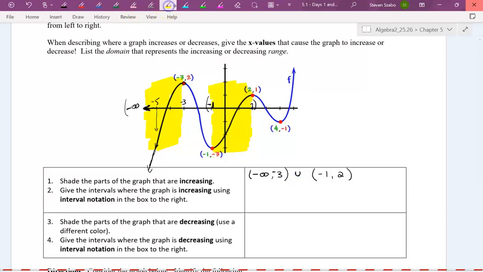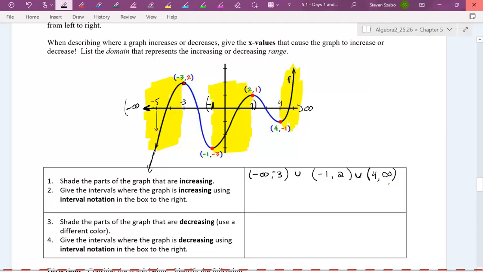But we're not done. I missed one. It's increasing here as well. And it increases again forever. It starts increasing at +4, so I'm going to make a union symbol. Starts at +4 until forever. That forever is +infinity.